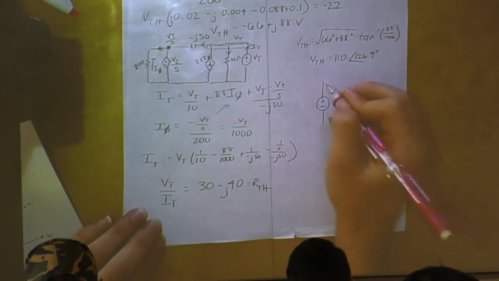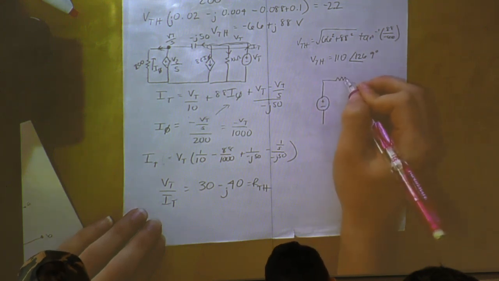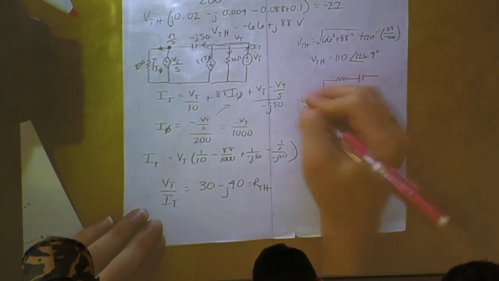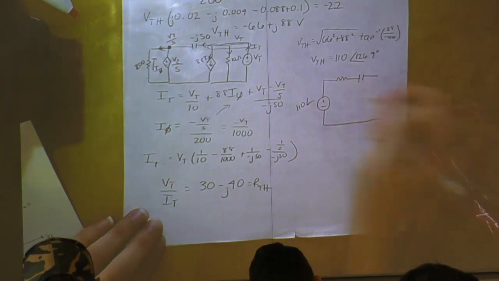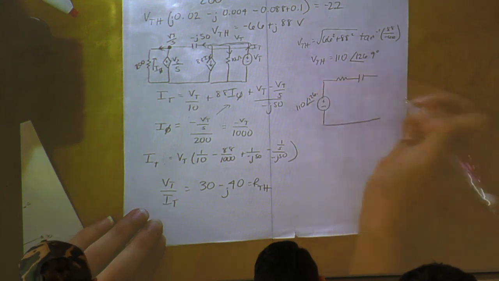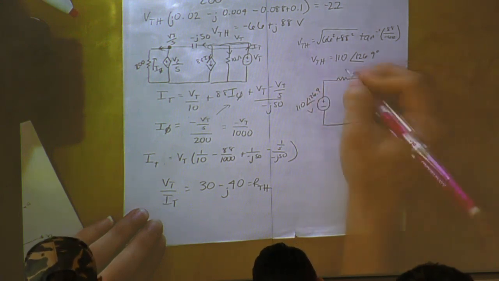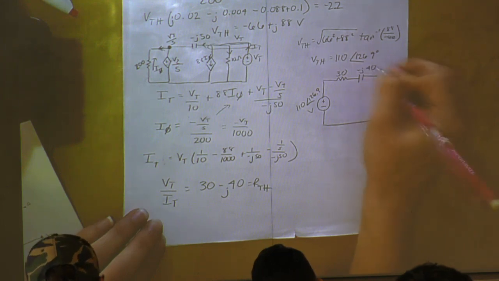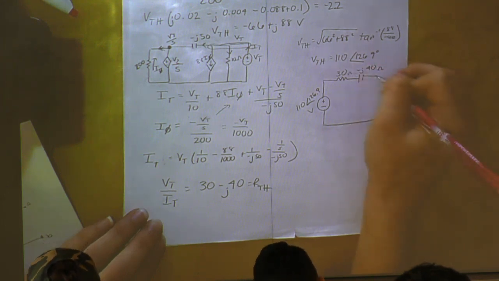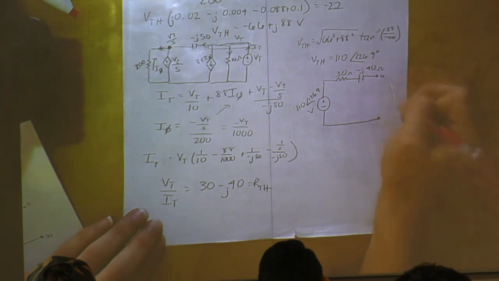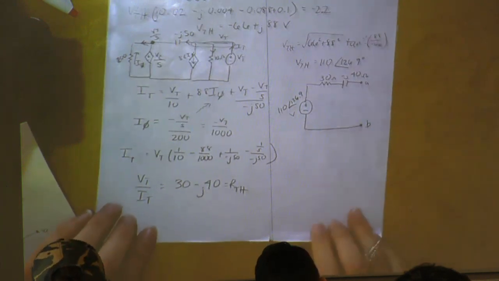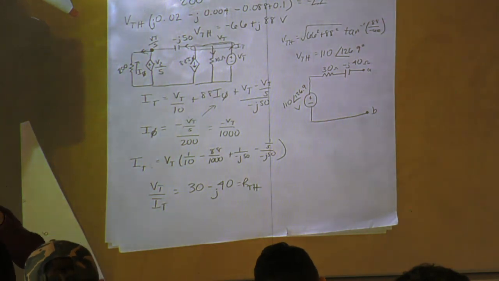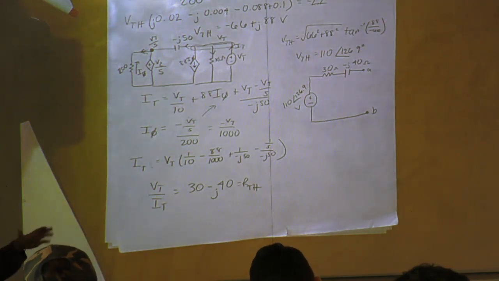Our Thevenin circuit will have this as our real part, this will be our imaginary. Is everyone okay with that? It's just Thevenin, but using imaginary.